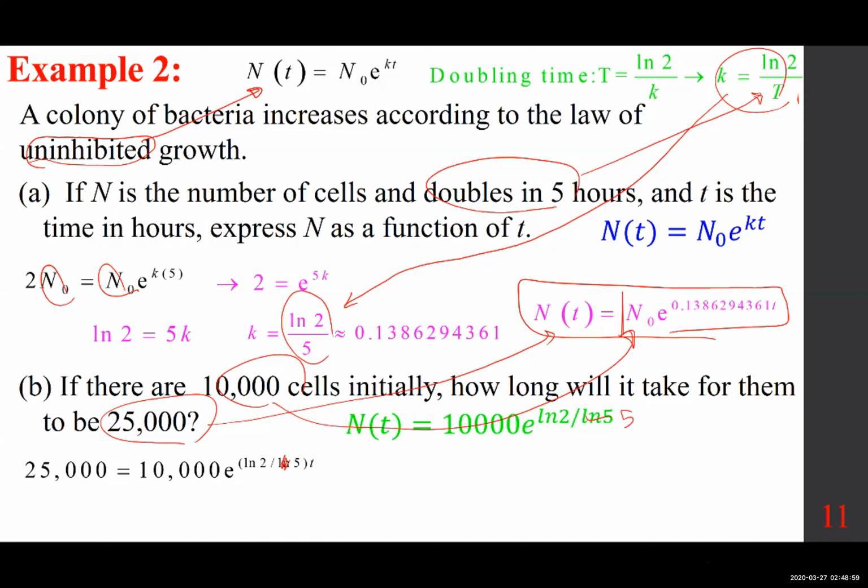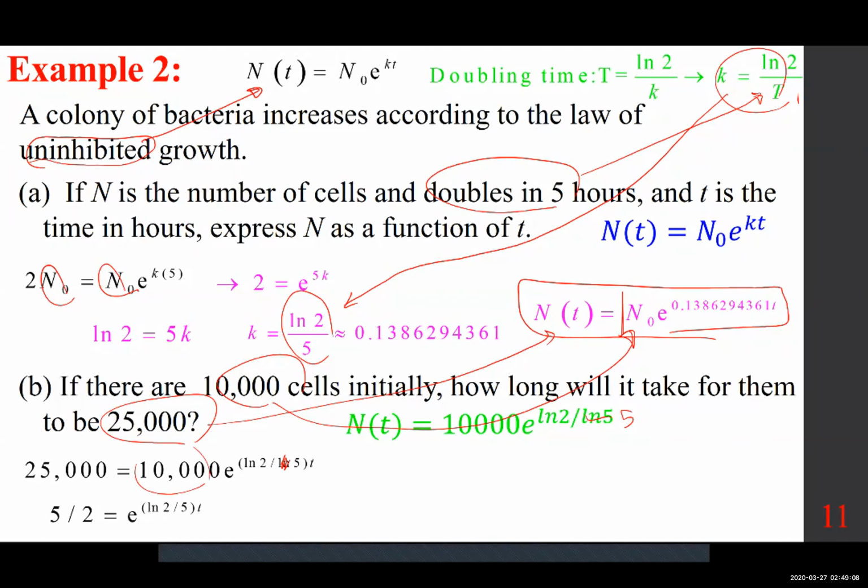you drop the 10,000 and you divide by it, you get 2.5 or 5 halves. So if you divide by 10,000, it results in 2.5 or 5 halves, okay? And notice over here is correct, okay, class, this is ln2 divided by 5. Okay, it's not ln of 2/5. ln2 is a number divided by 5, okay?